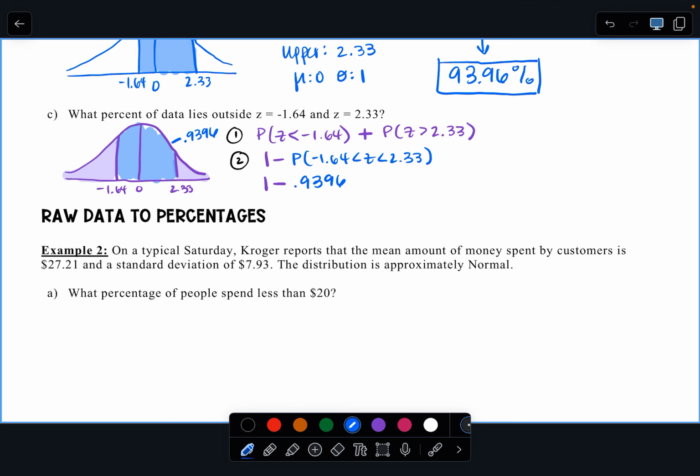They don't assign me to grade part A while somebody else grades part B. We grade your whole question. So if I see that you have that work, it satisfies part C. In this case, 1 minus 0.9396 gives me 0.0604, which is 6.04%.